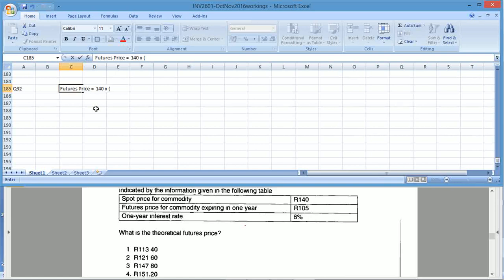Futures price for commodity expiring in 1 year, so in the future. So then the 1 year interest rate is 8%, so 1.08 for 1 year, so to the power 1. Because it's the futures price, I want to work out what the futures price would be based on the spot. So what is that? 140 times 1.08. Okay, 151.20, option 4.